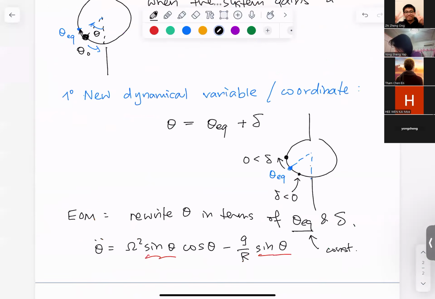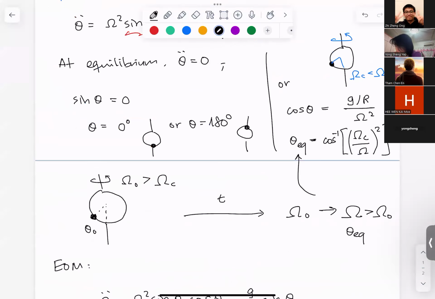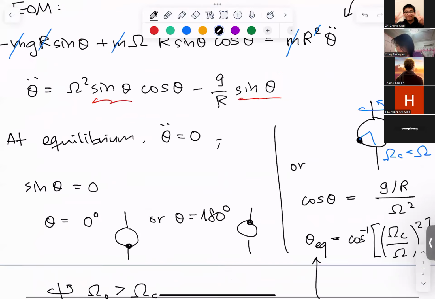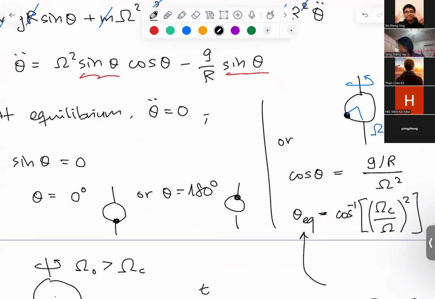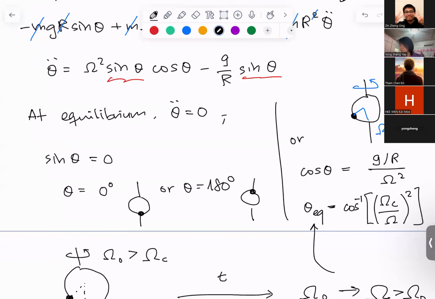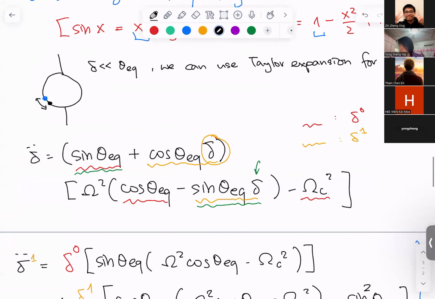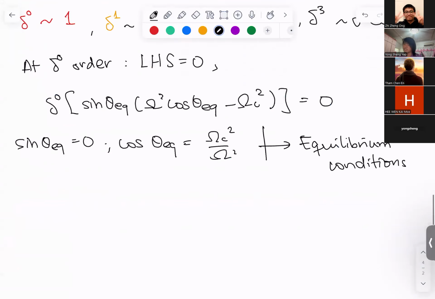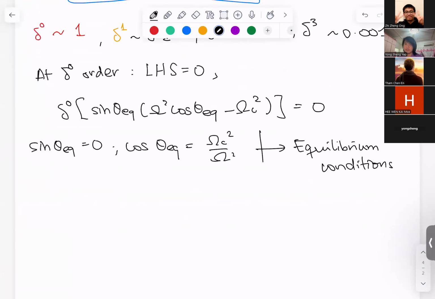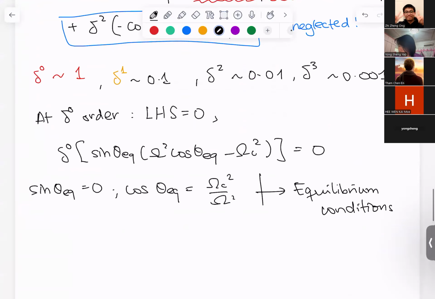Let's look back at the very beginning when we had the equilibrium points. This is what we had. We were saying that theta double dot is equal to zero, then either sine theta is zero or cosine theta equals omega c squared divided by omega squared. This is just regaining the equilibrium conditions. So this is at delta zero order.